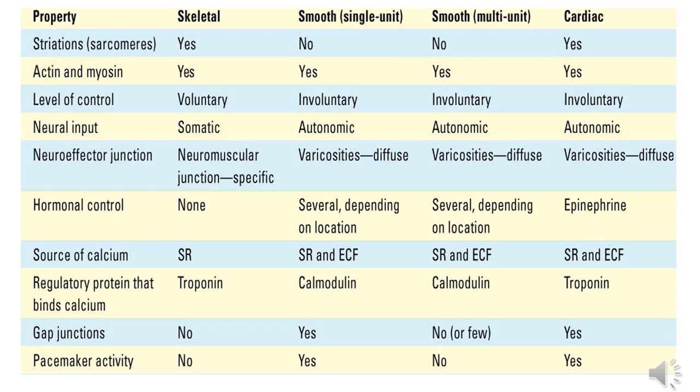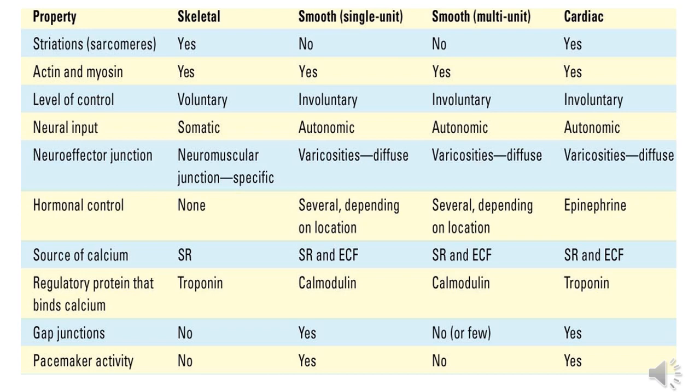In terms of hormonal control, none is noted in the skeletal muscle, while we have several depending on the locations in both types of smooth muscle, and epinephrine very observable in the cardiac muscle. How about the sources of calcium?